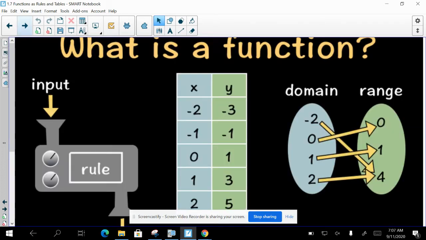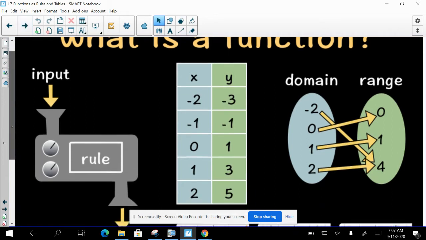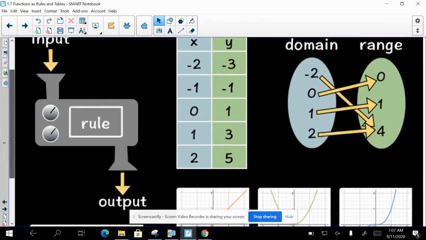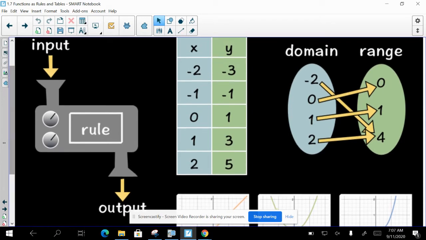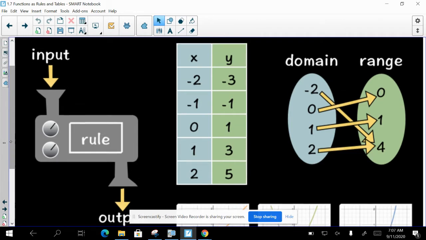So what is a function? Well, here are 3 different ways we can represent functions. The first one on the left is like an input-output generator. So you input something into the rule and it plugs it into the rule, and then you get an output.